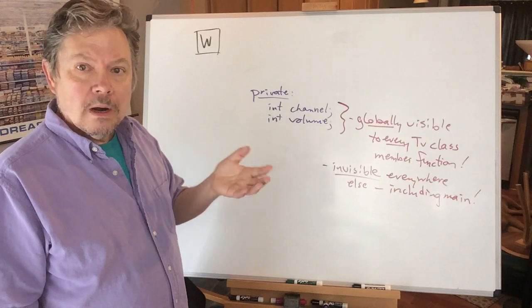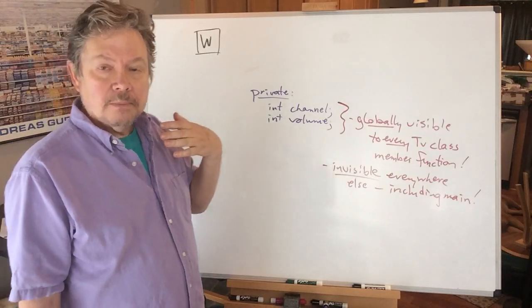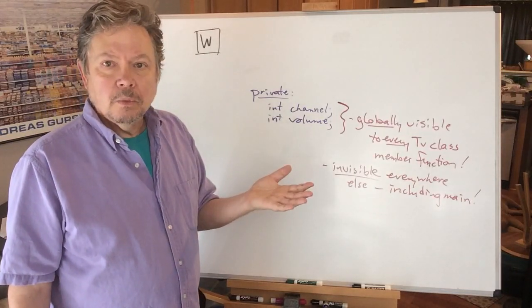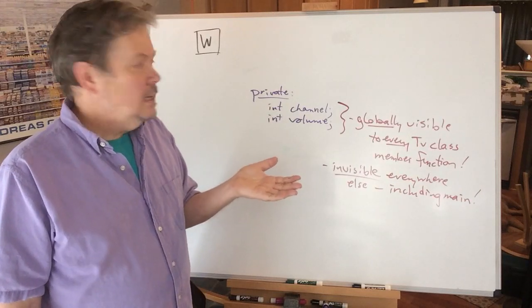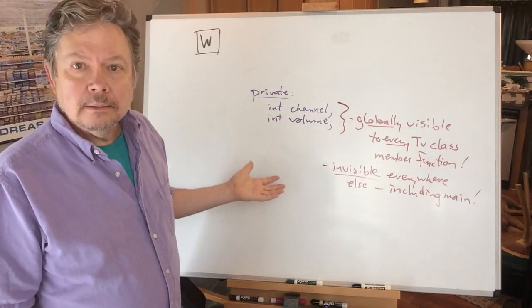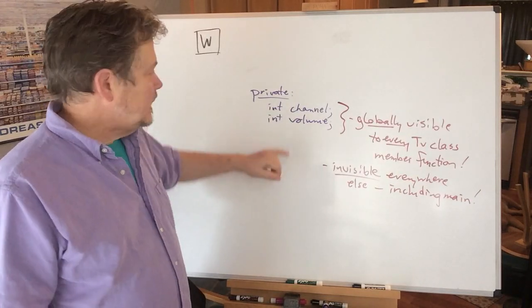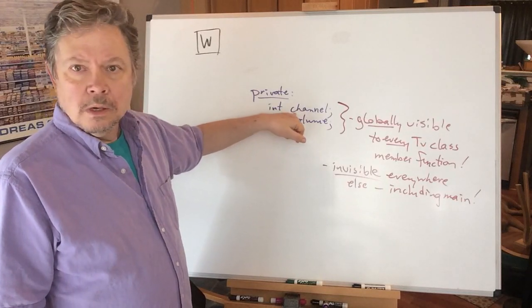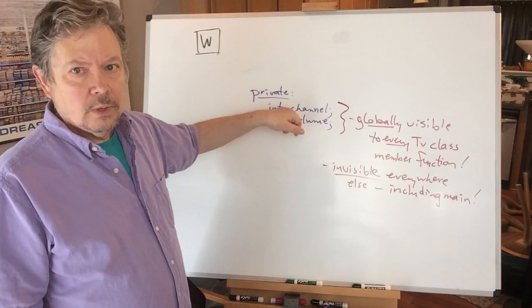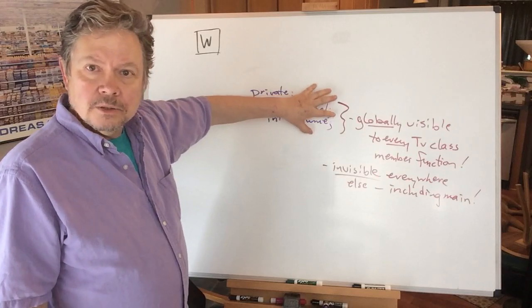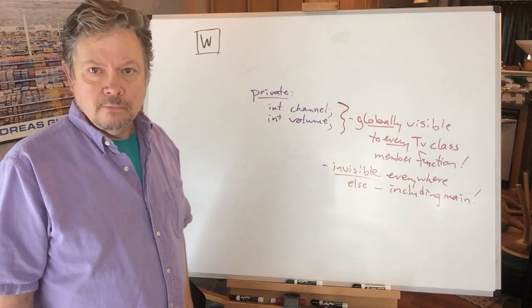But nowhere in a main program is it going to say something like Sony LCD dot channel equals 9. It can't do that. It can't see this channel variable. It's not like a field of a structure that way. It's hidden. It's the exclusive domain of just the member functions of the class.